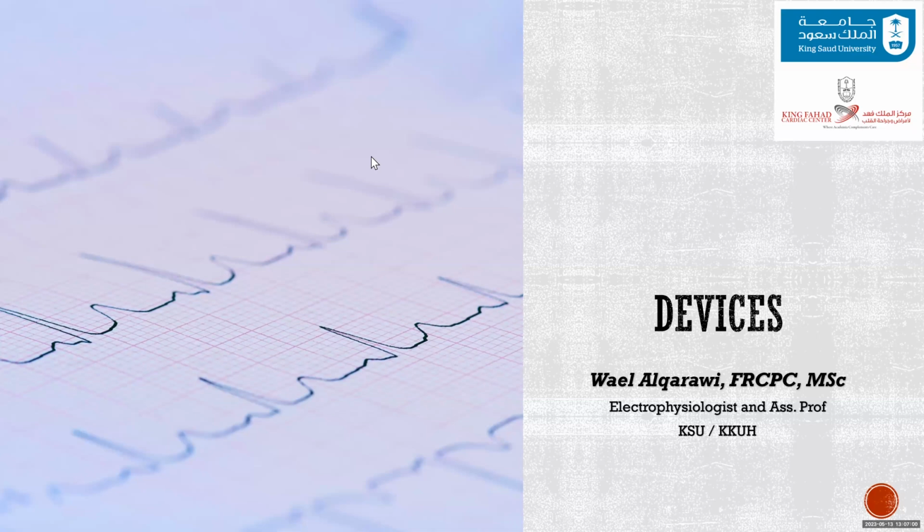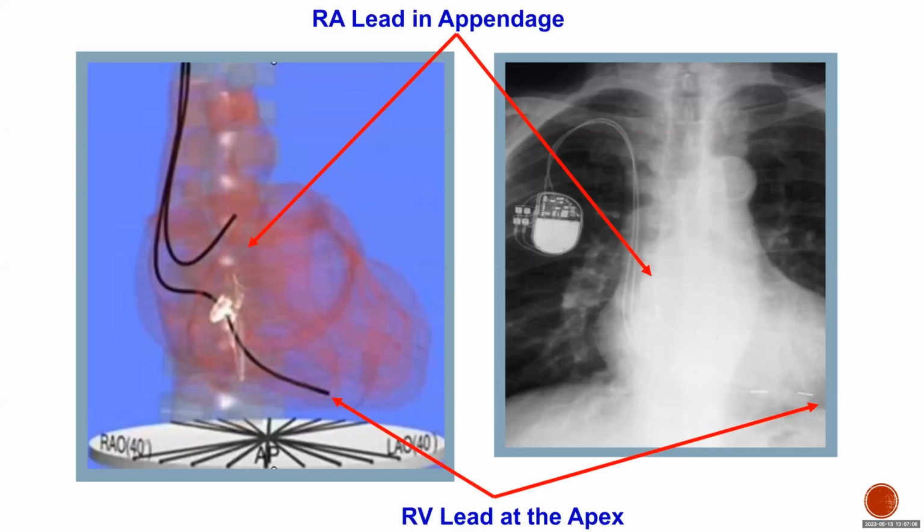Okay. All right. So first, we're just going to go through implant overview. So most of the time, when it comes to pacemakers, we implant dual chamber pacemakers, so one lead in the right atrium and one lead in the right ventricle. This is how it looks inside the heart.